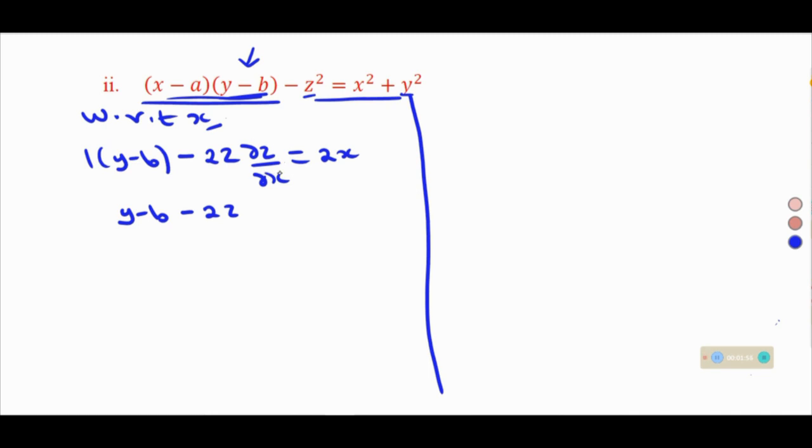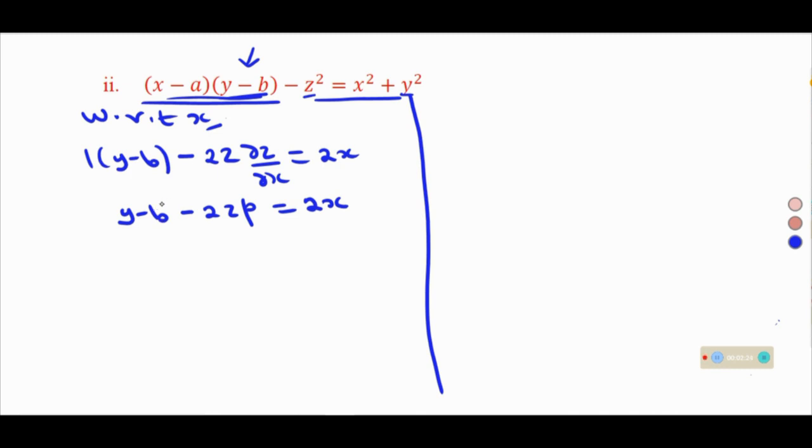Friends, we said that if we have del z del x, for the purposes of convenience, we can use p to represent del z del x. That is what we began with when we were introducing this lecture. So this one will be equal to 2x. Because when you look at this, you realize that your main interest is to eliminate b and a.